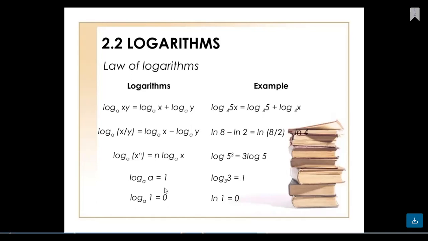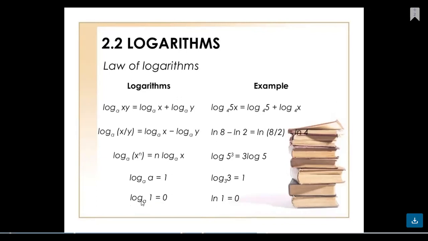Okay, so ito naman, log A of 1 is equal to 0. So kahit anong number na ilagay mo dito, tapos 1, laging 0 to. Kasi kung i-convert natin siya into exponential, magiging A raised to 0 is equal to 1.